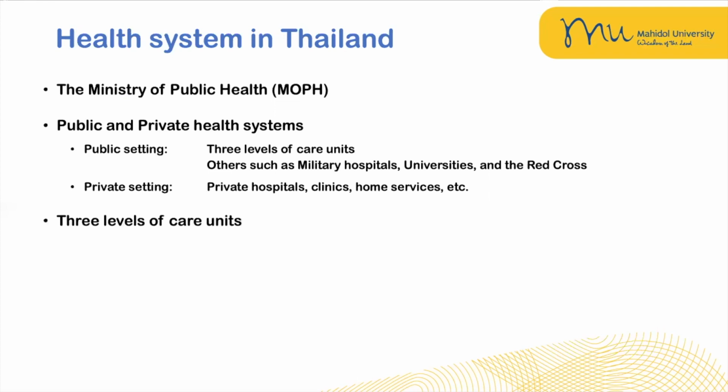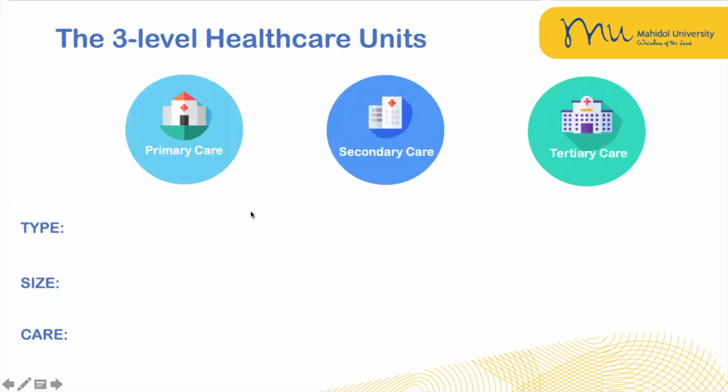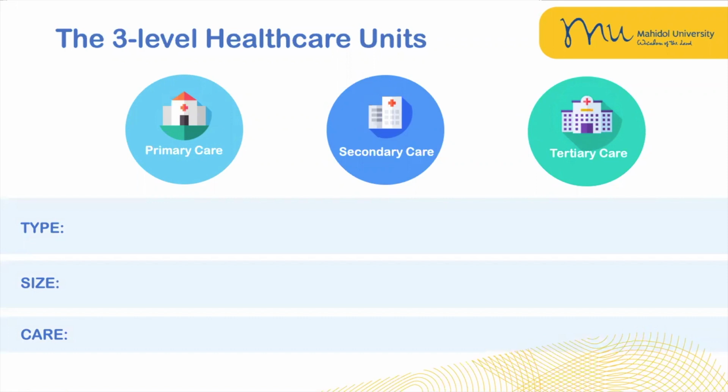Focusing on 3 levels of care units, it consists of primary care, secondary care, and tertiary care. To give you more details and see the difference of each type, the type, size, and care will be explained.